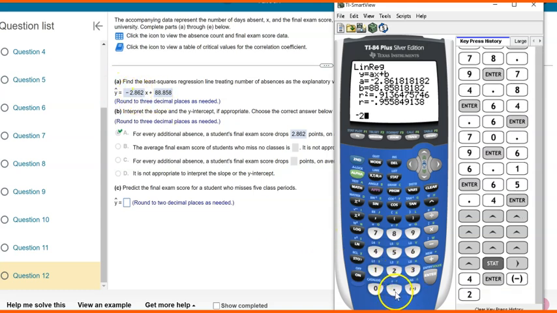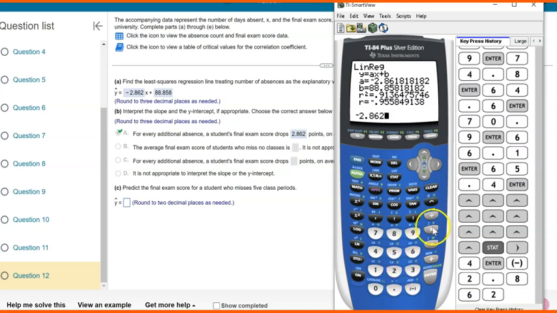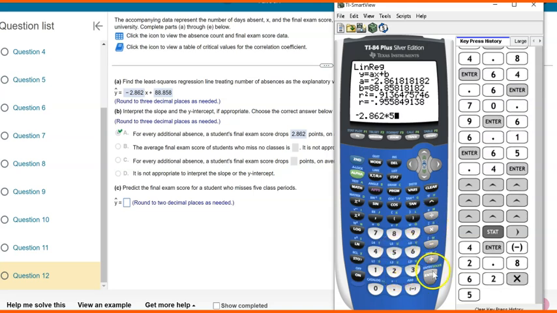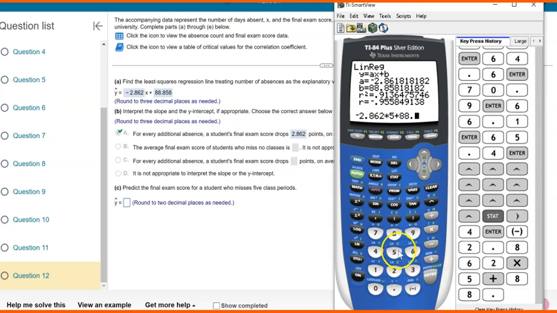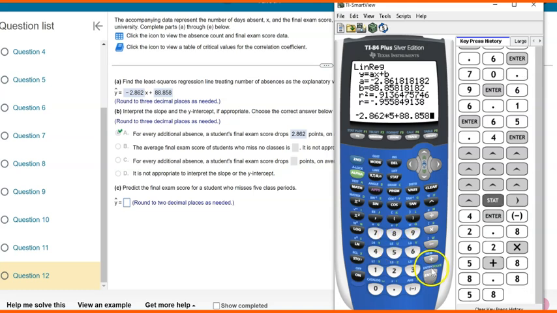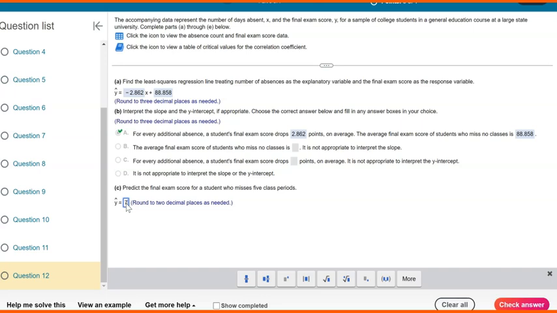Negative 2.862 times 5, plus 88.858. Enter. This is the final exam score for 5 absences, and rounded to 2 decimals it gives you 74.55.